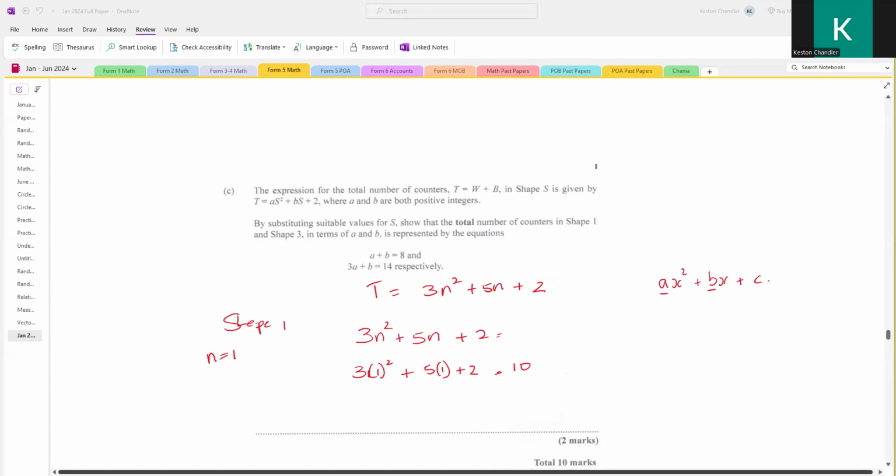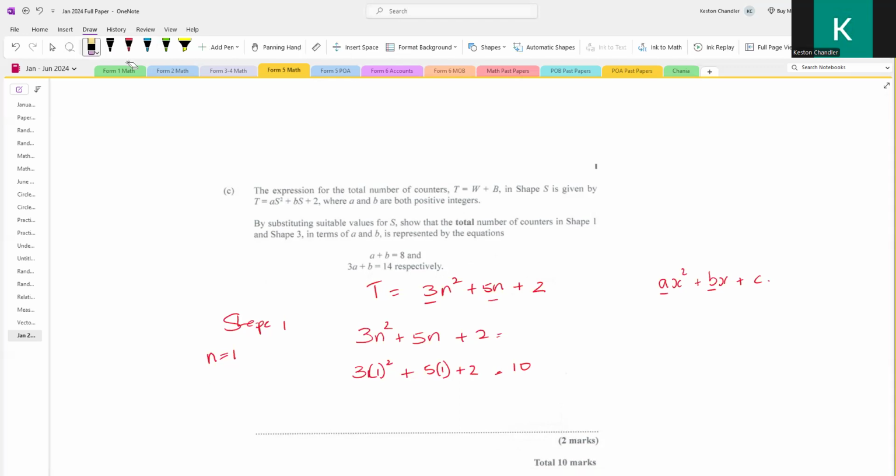So while this is a general formula, when I do shape 1, they want to know what values multiplied by the n, they say A and B. Remember I was telling you that this and this is A and B. What are the values multiplied by this 1 that are going to give me 10?